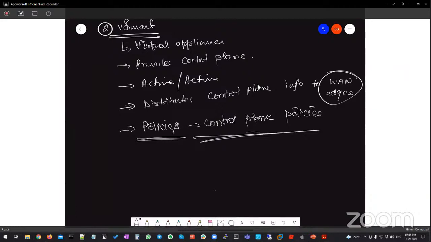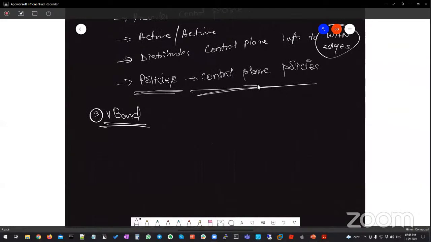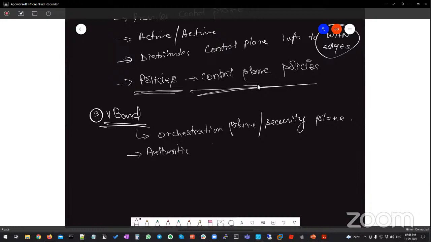Then the third controller is my vBond. It provides you the orchestration plane, or you can say security plane. The most important role here is to authenticate your edge devices.